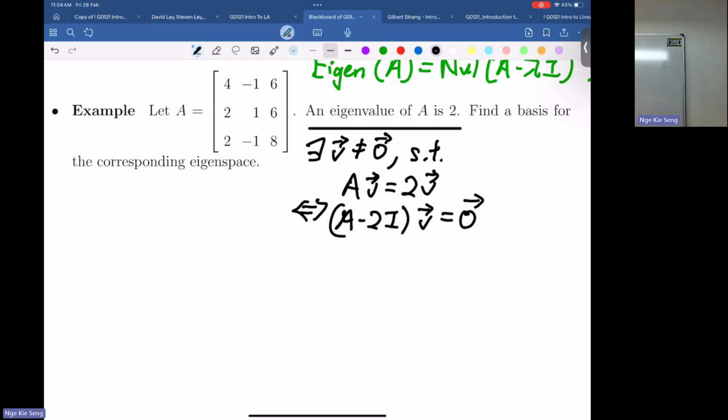The second thing is, if there's a non-zero solution V, any linear combination will live inside it, because we already showed that the null space is a subspace. Linear combination, closed under addition, closed under scalar multiplication.